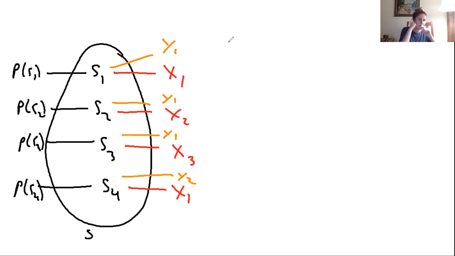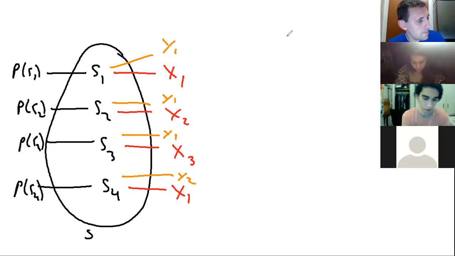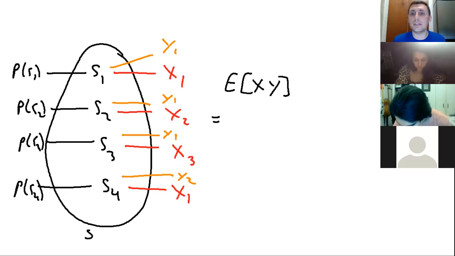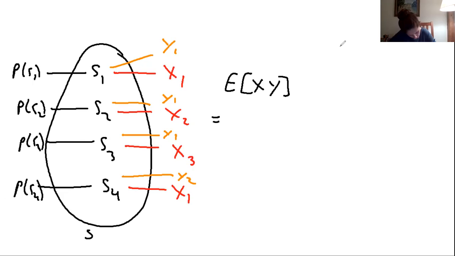So when I ask myself what is the expected value of the product of x times y, what am I asking? I run the experiment, and once I get a result, I multiply the x's and the y's together. That's what happens.